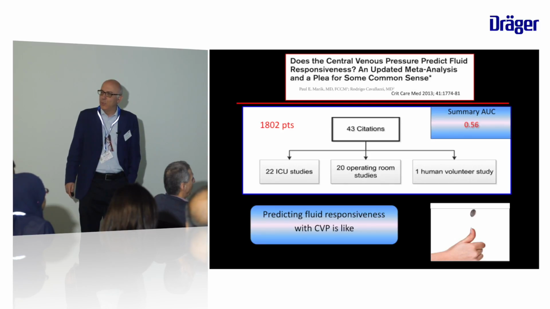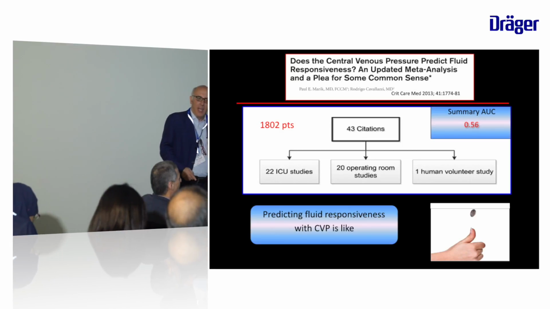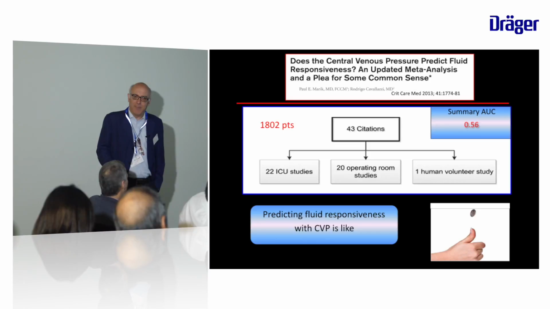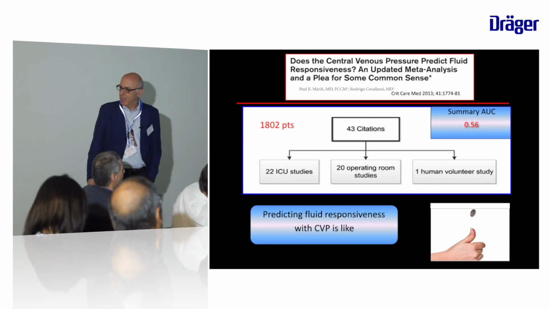So you cannot use CVP as a single number to predict fluid responsiveness. You can measure preload, but this number is not associated with any prediction of fluid responsiveness. Clear?